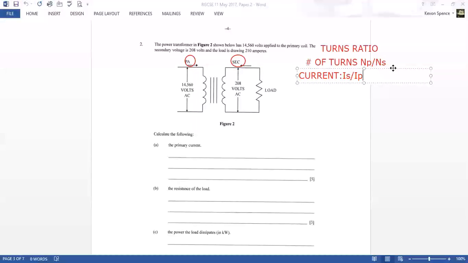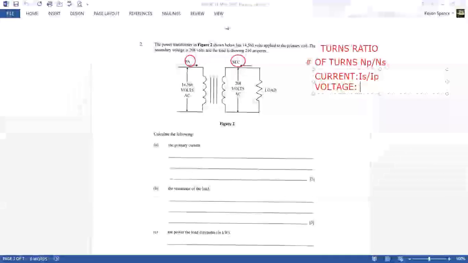And there's one last one. Voltage. You can use V or E. Voltage is E or V. If you see a V, it's the same as the E.